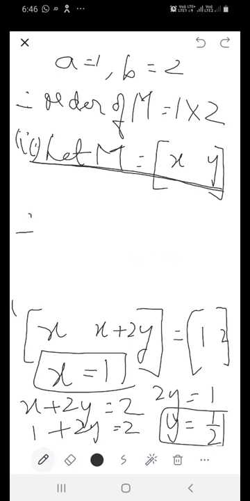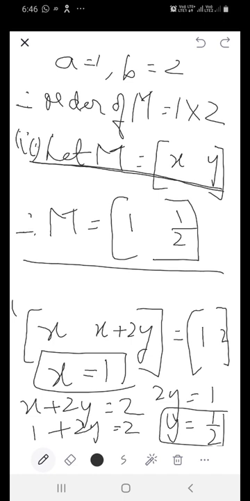Therefore, M is equal to, substituting the values of X and Y, 1 half. Now this is the final step by which your answer will be complete. So therefore M is 1 half.